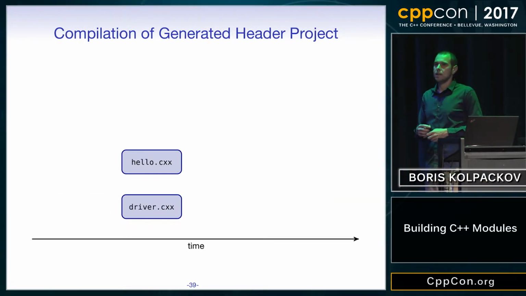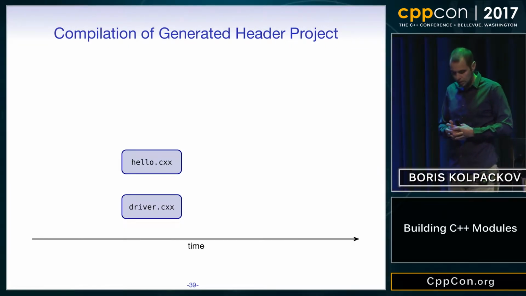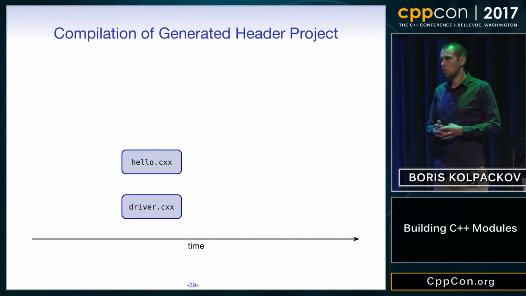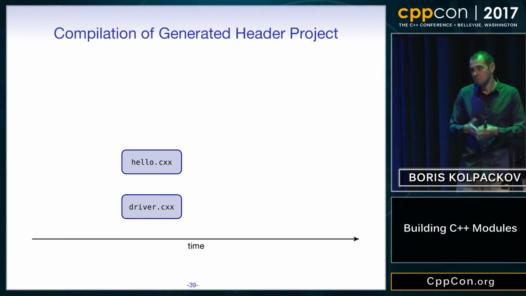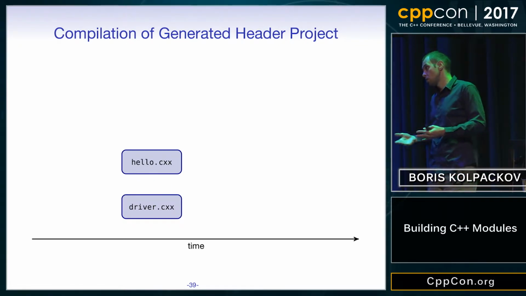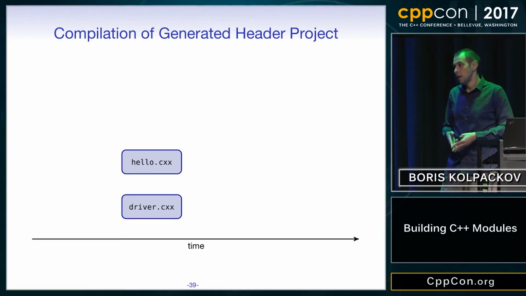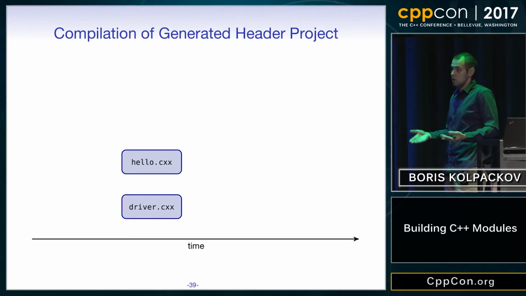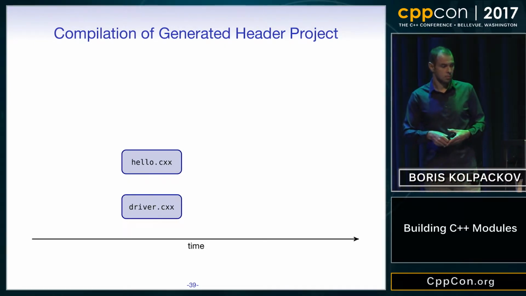Now, some of you might have noticed, especially looking at our first simple modularized project, that it looks awfully like a generated header. Building a project with a generated header. Say we have a tool that produces our source code, for example, for serialization or database storage. And we first have to make sure this is generated up to date, and then we can compile our source code, right?